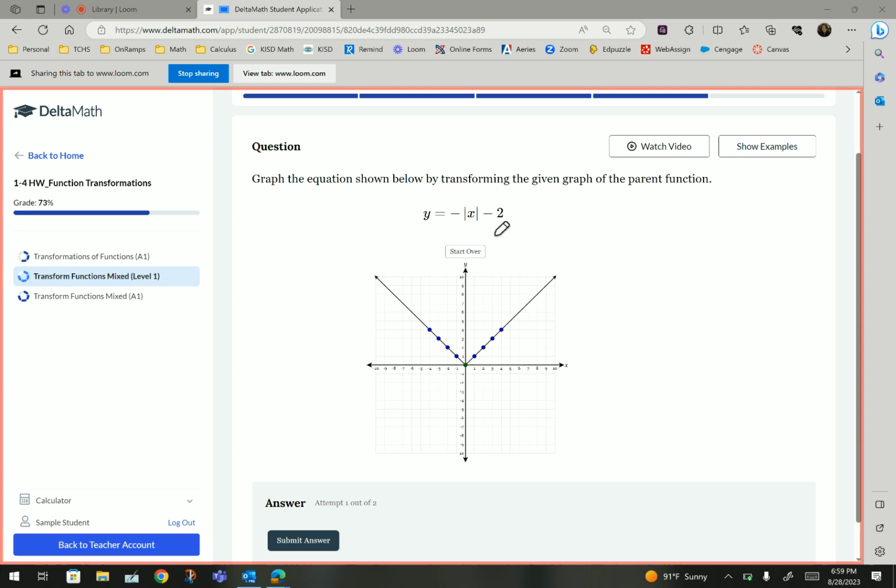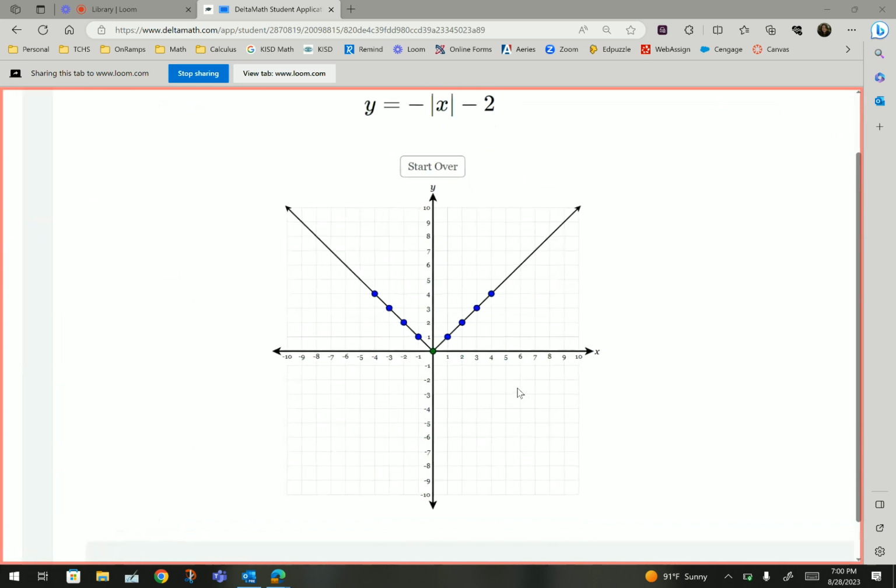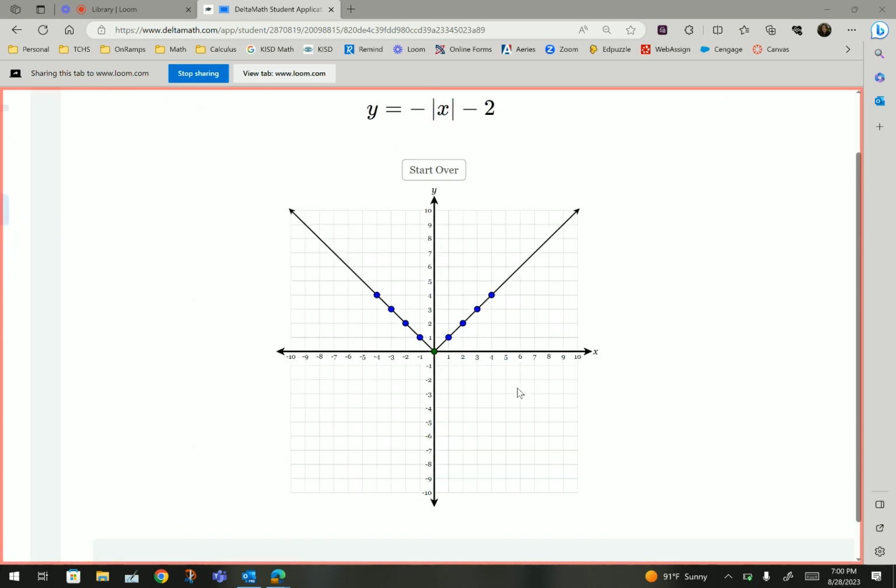The first thing I want you to do is deal with your negatives, okay? This negative is on the outside of the function. And when it's on the outside of the function, that means it causes your graph to reflect. So this graph right here is going to reflect. I'm going to zoom in here a second.